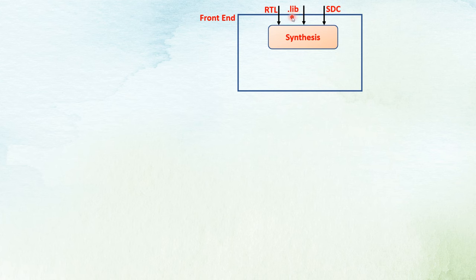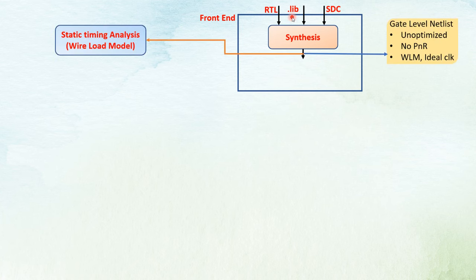Now, once these inputs are provided to the synthesis tool and it converts the RTL into a gate-level netlist, it goes to the logic optimization tool. So whatever optimization that I was telling you that the tool basically does to meet the constraints is done in the logic optimization step.